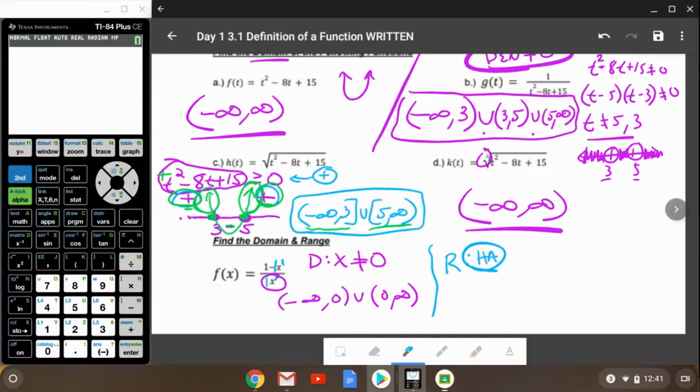So what we know then is that y is not going to be -1 over 1. I'm just looking at a ratio of the coefficients right there. So I know that my range is everything but -1 and 1. So I know that I'm going to have from negative infinity until -1, union -1 to infinity. Okay, and that's going to be my range for this graph.